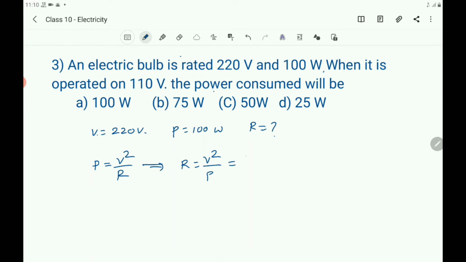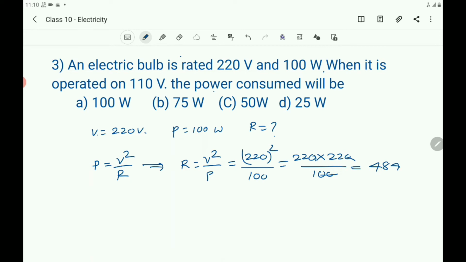V is 220 square, P is 100, that is 220 into 220, divided by 100. So the zeros cancel. 22 into 22, you know 22 square is 484.